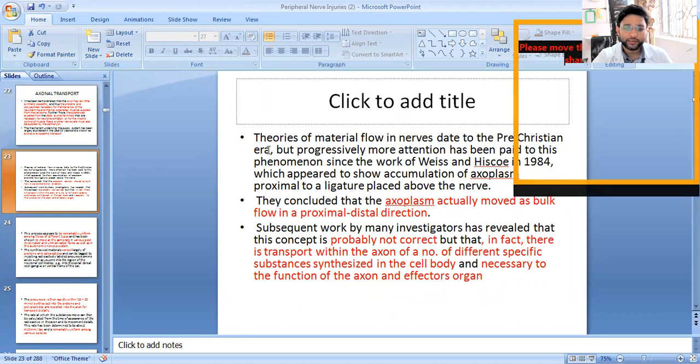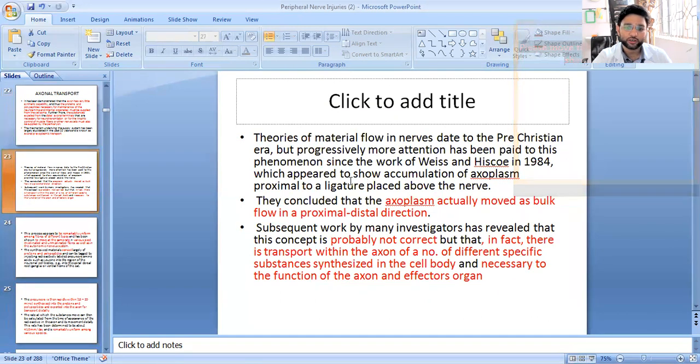Theories of material flow in nerve date to the pre-Christian era, but progressively more attention has been paid to this phenomenon since the work of Weiss and Hiscoe in 1948, which appeared to show accumulation of exoplasm proximal to a ligature placed around the nerve.